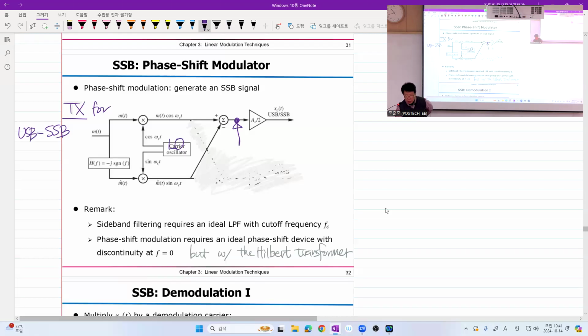This signal is m of t cosine of 2 pi fct plus theta, because this is too simple, minus m hat of t sine of 2 pi fct plus theta. And now, as a student taking my course, you must be able to convert this immediately into this form.